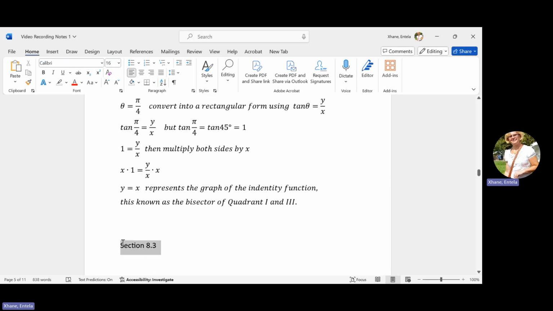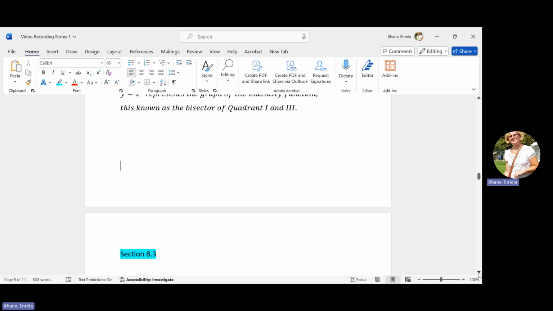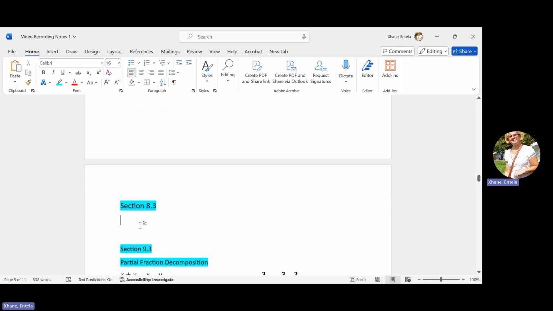This section particularly gives you the opportunity to do some operations with numbers. But before we do that, we have to make an introduction of this section. So what is included in section 8.3?